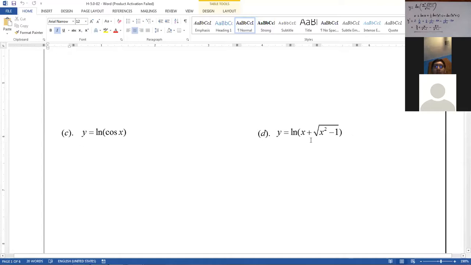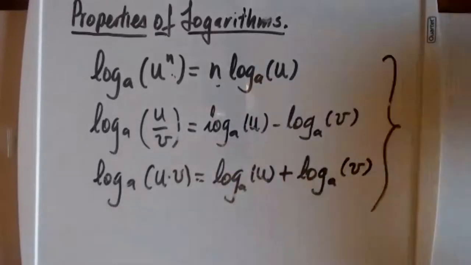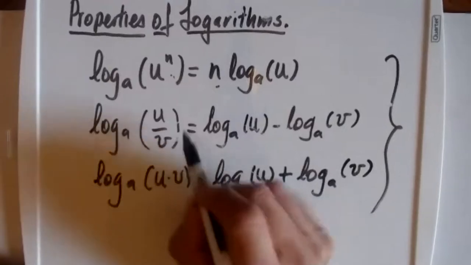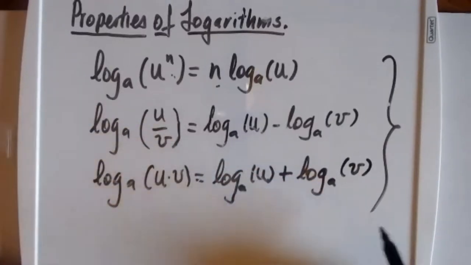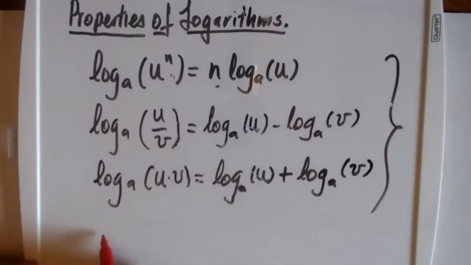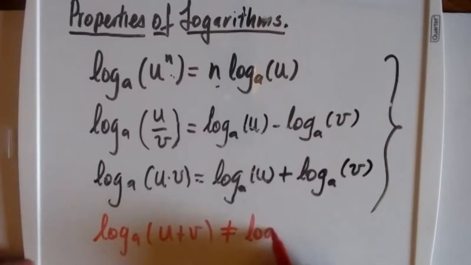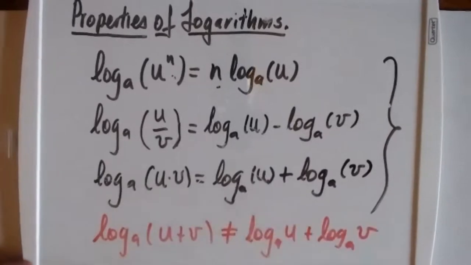Now, here is a trap. This is very important. If you remember your properties, let me go back to my board. The properties of the logs involve multiplications, divisions and powers, never ever addition or subtraction. So if you have log in any base a of u plus v, this is not log in base a of u plus log in base a of v.